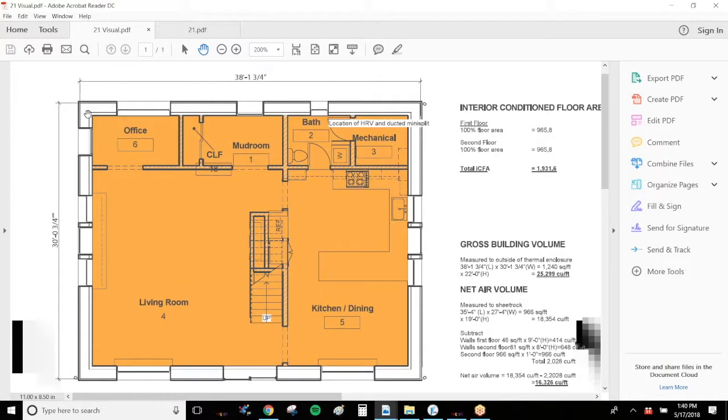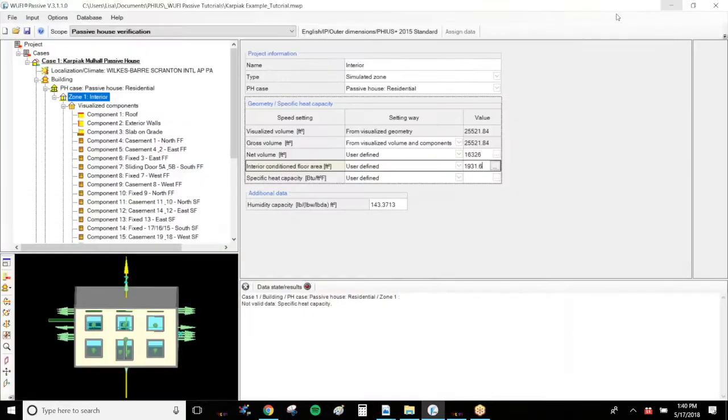It's really just drawing a line at the interior face of your exterior drywall and getting an area from that. And again, spaces must be 7 feet in height to count. If they're below 7 feet in height, they do not count. They count at 0. And the specific heat capacity we will get into with a separate tutorial, so look out for that one.